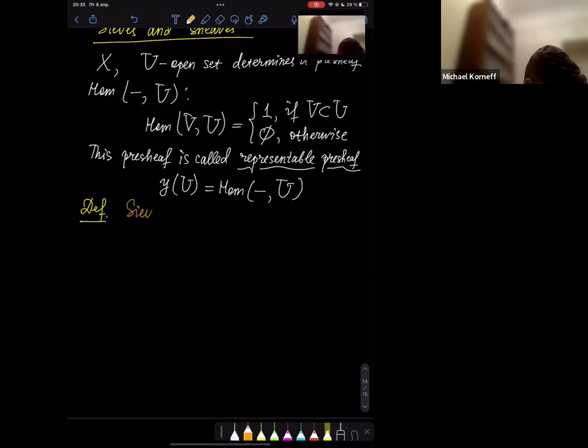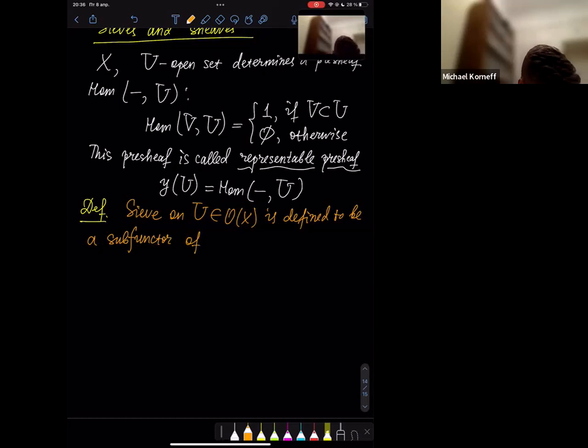A sheaf on an open set is defined to be a subfunctor of the representable functor.